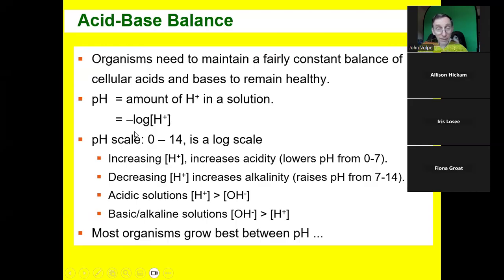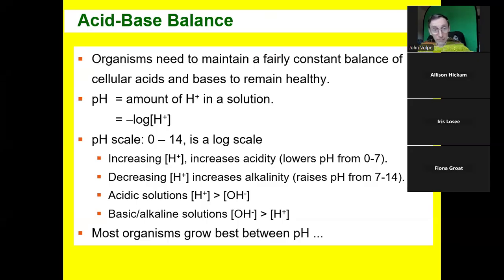Specifically, the pH is equal to the negative log of the hydrogen ion concentration. So you can simply measure the hydrogen ion concentration, put it on a logarithmic scale, take a negative of that, and that's the pH. Any question about any of that?